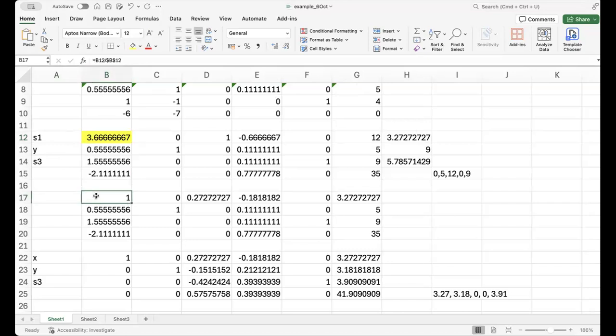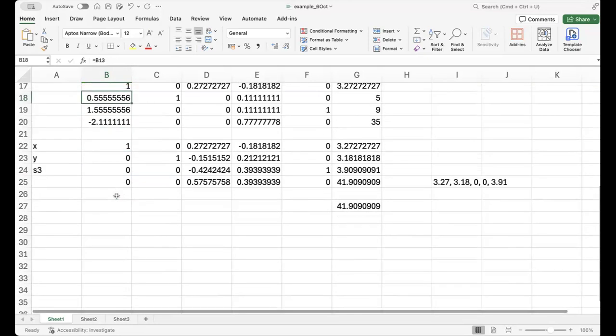Then you repeat the same from this table, because this is the pivot row. So we make this element to be 1 and the rest becomes 0. Divide by this value for the whole row, and you will get 1 here.